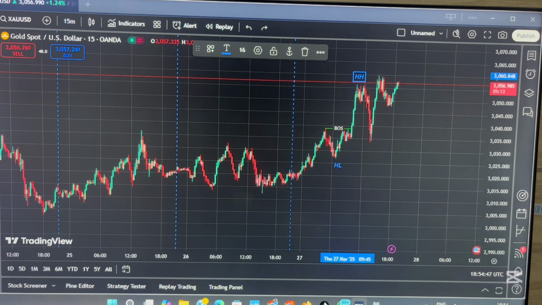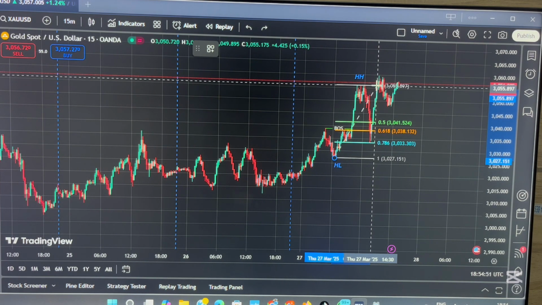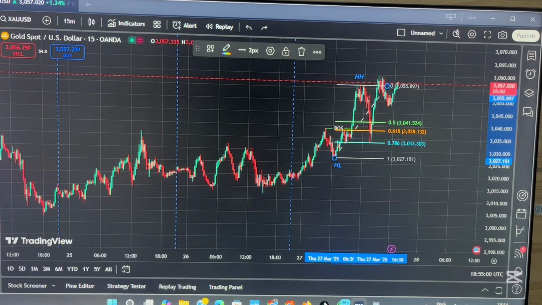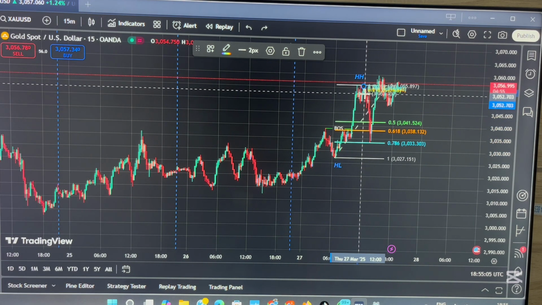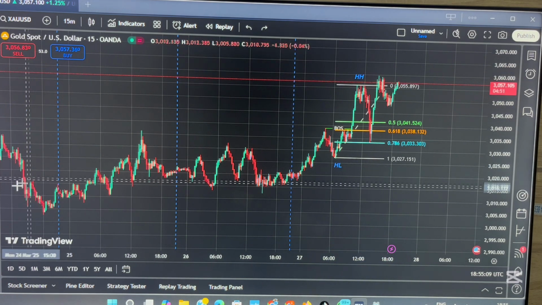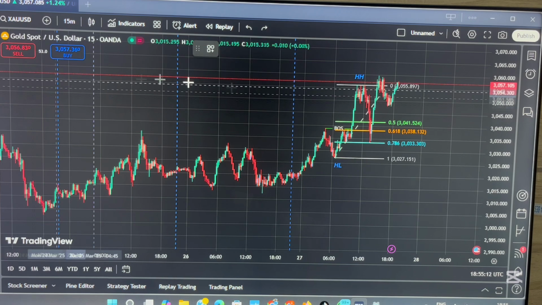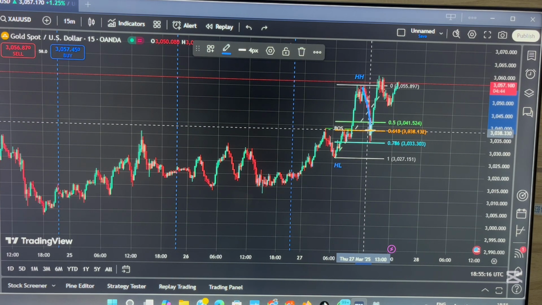So I used my Fibonacci retracement all the way from the higher low to the higher high. Now if you observe, that market retraced all the way from the higher high down to the 0.61 area.